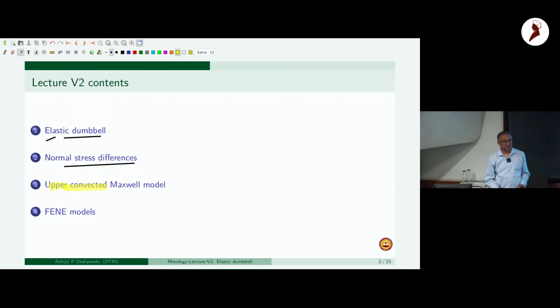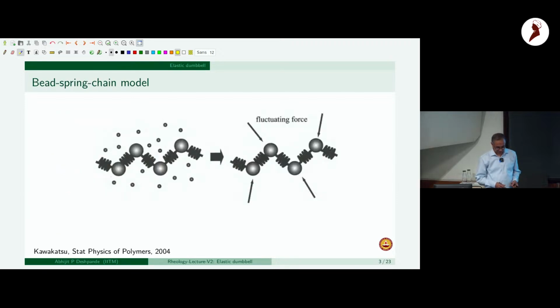This is the simplest model that shows normal stress differences, and then a small modification to the elastic dumbbell where the elasticity is finitely extensible and nonlinear elastic, while the elastic dumbbell initially includes a Hookean spring which can extend infinitely. Bead spring chain models are used quite commonly to describe polymeric systems, and we could do an implicit solvent or an explicit solvent.